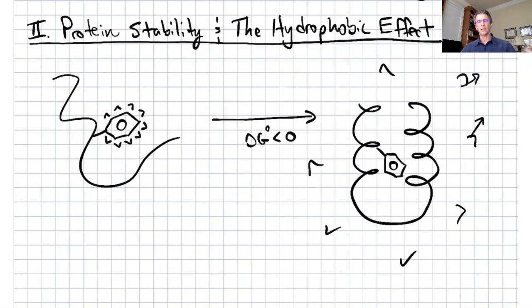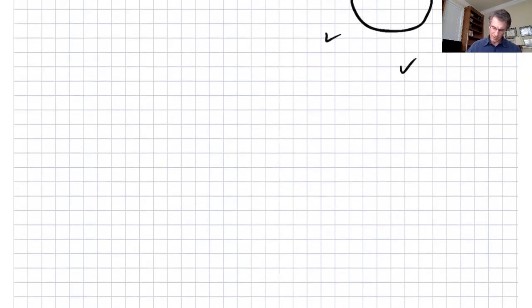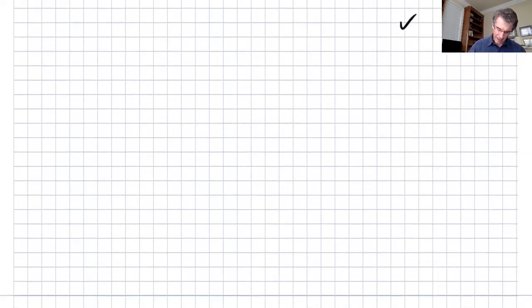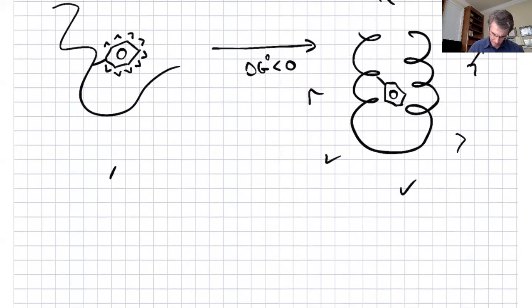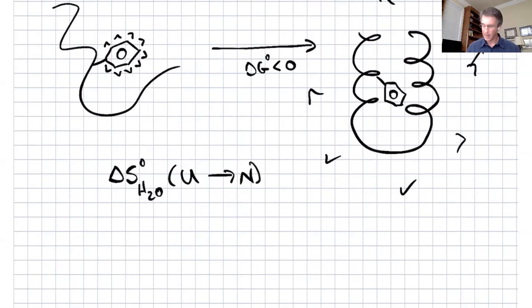So that burial of those hydrophobic residues leads then to the release of ordered water as a direct consequence of the burial and clustering of those hydrophobic amino acids in the core of the protein. And the release of these ordered water molecules means that for this process, the change in entropy for the water upon going from the unfolded to the native state is going to be much greater than 0.